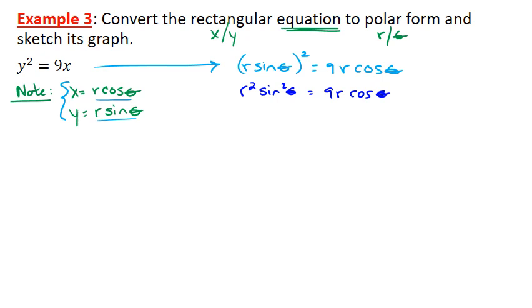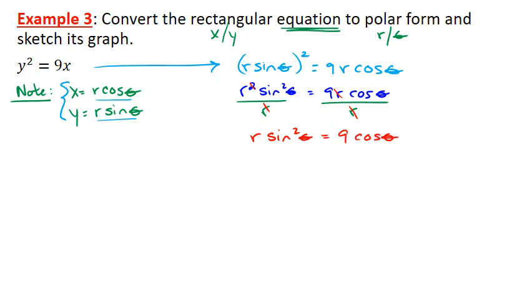Typically in these equations, we want to get r by itself. In attempt to do that, I'm going to divide this by r. Okay, and when I do, one of these r's cancels. So I have r sine squared of theta is equal to 9 cosine of theta.